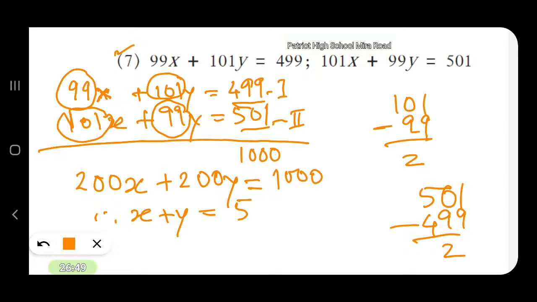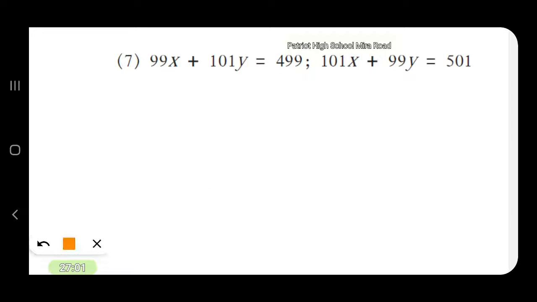Now we have to go for subtracting one from the other. Now subtracting equation 1 from equation 2, we can directly write over here: 99x plus 101y is equal to 499.